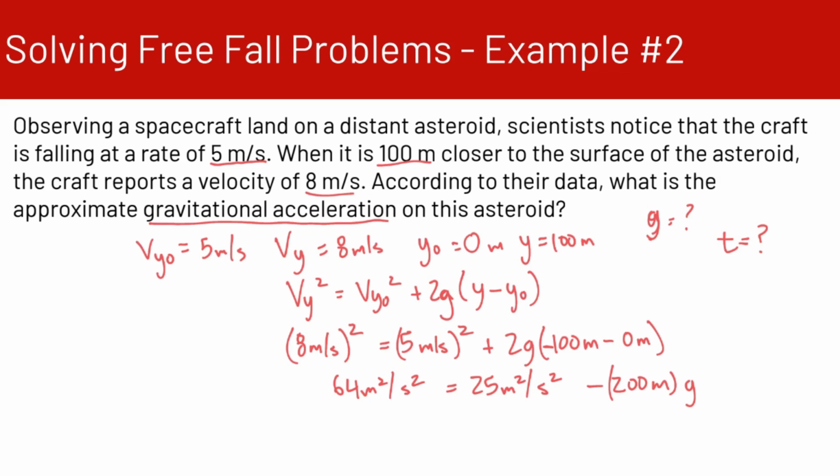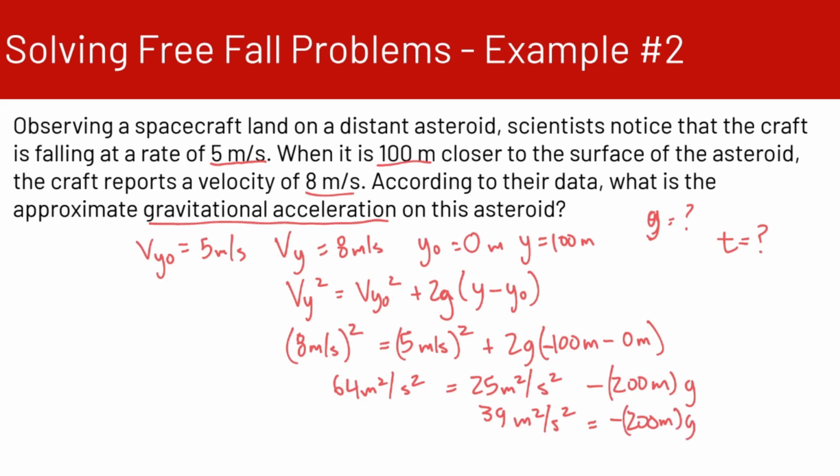So move the 25 meters squared per second squared over to the left side, which gives us 39 meters squared per second squared is equal to minus 200 meters times g.